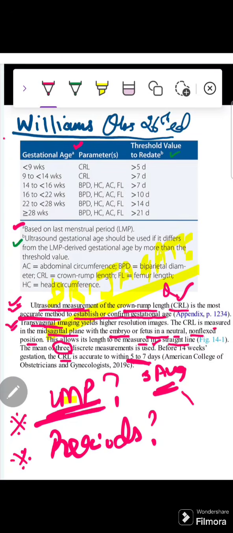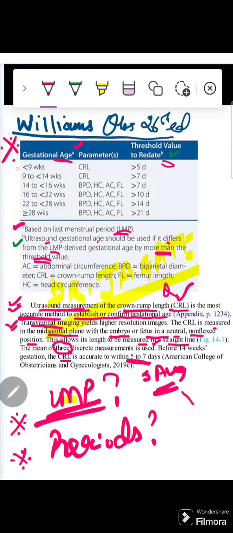So here comes the very important table given in Williams, 26th edition, where they have given the gestational age based on her LMP, and these are the threshold values to redate. That means it's the ultrasound gestational age that should be used if it differs from the LMP derived gestational age by more than the following threshold values.